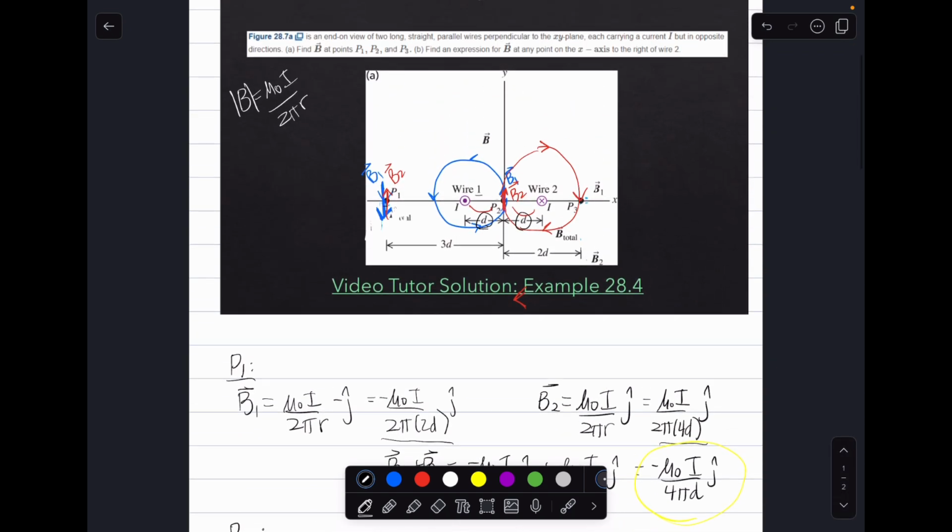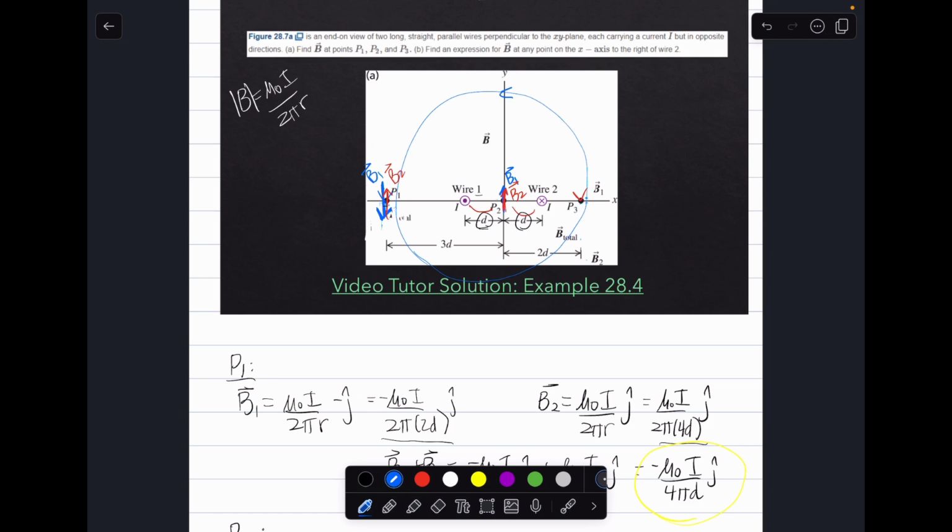So P3 is to the right of our wires. And let's draw our little circles so that we have an idea of what direction. So wire 1, right, its magnetic field is centered at wire 1. The radius of that is going to land on P3. Thumb out of the page, fingers of your right hand naturally curling counterclockwise.